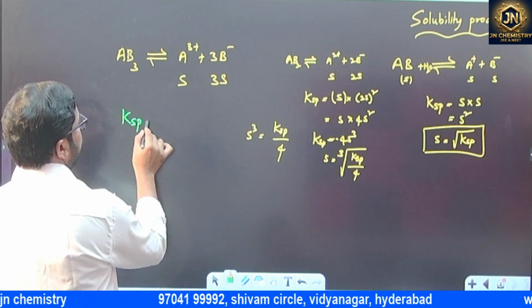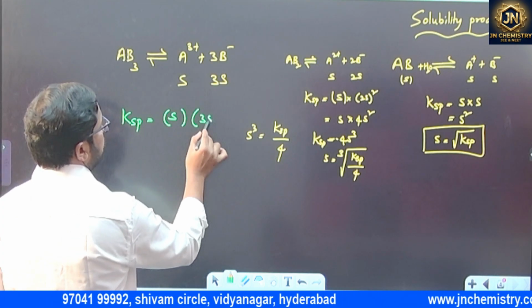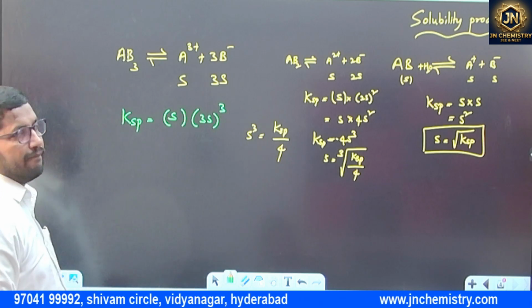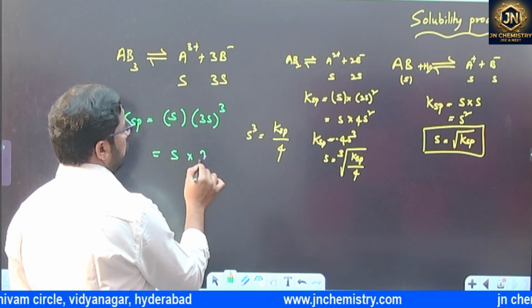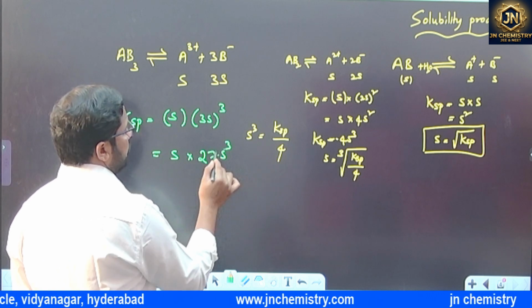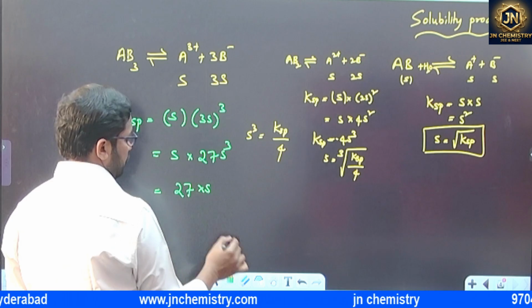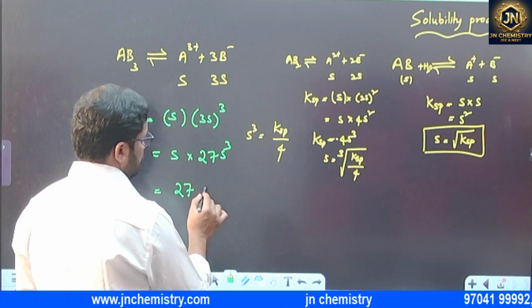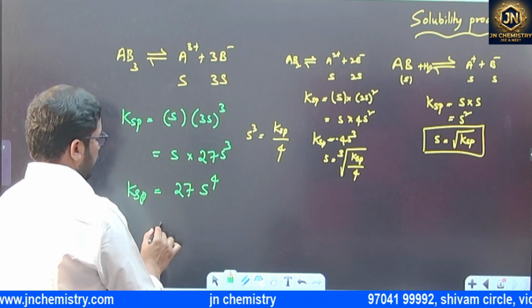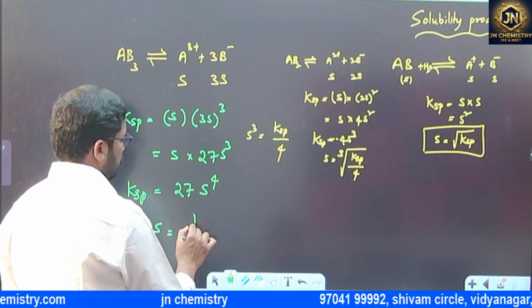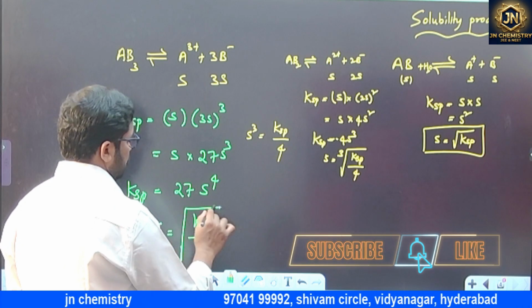Ksp is equal to S into (3S) cube, S into 27S³, 27S⁴. S is equal to the fourth root of Ksp by 27.